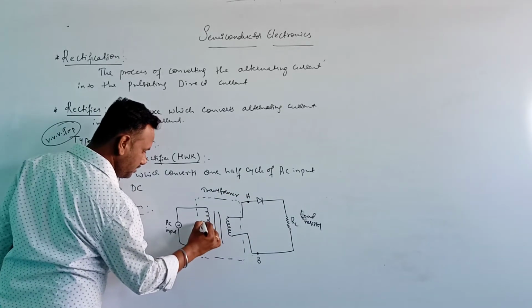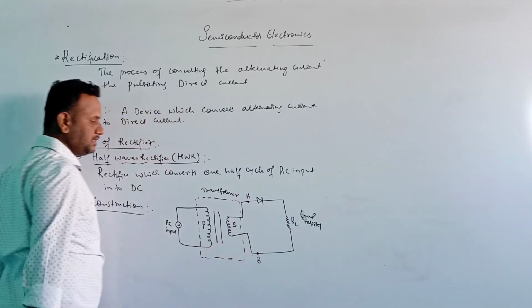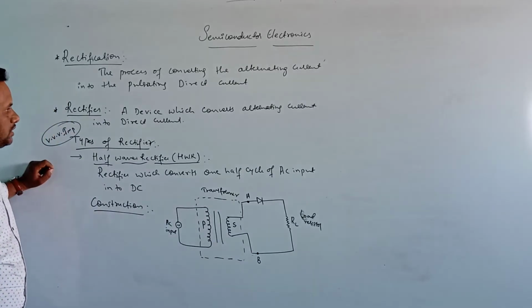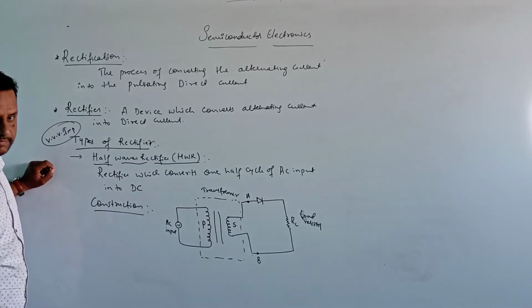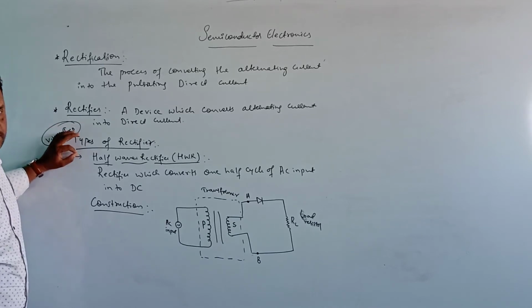This is the primary of the transformer and this is the secondary. Now let us discuss how it works, the working of the half wave rectifier.